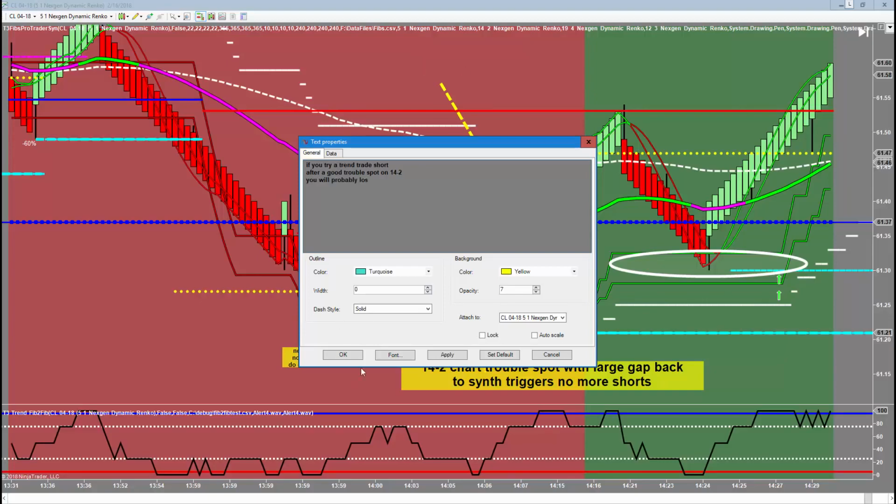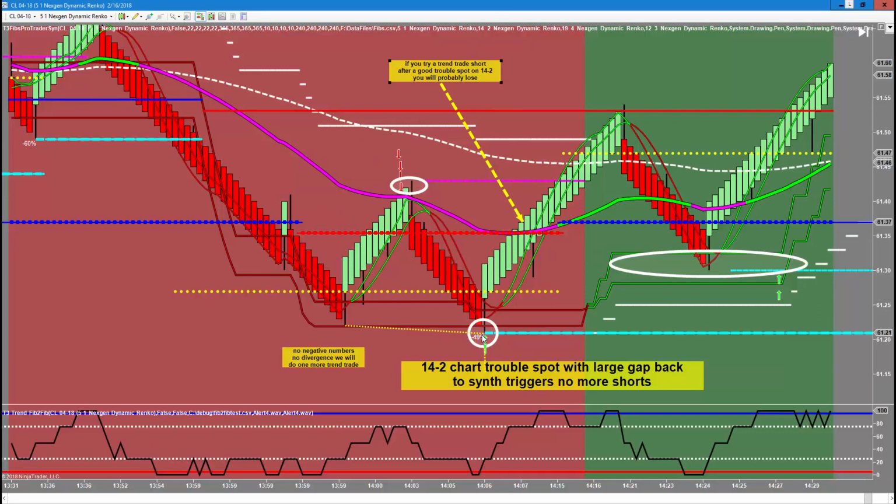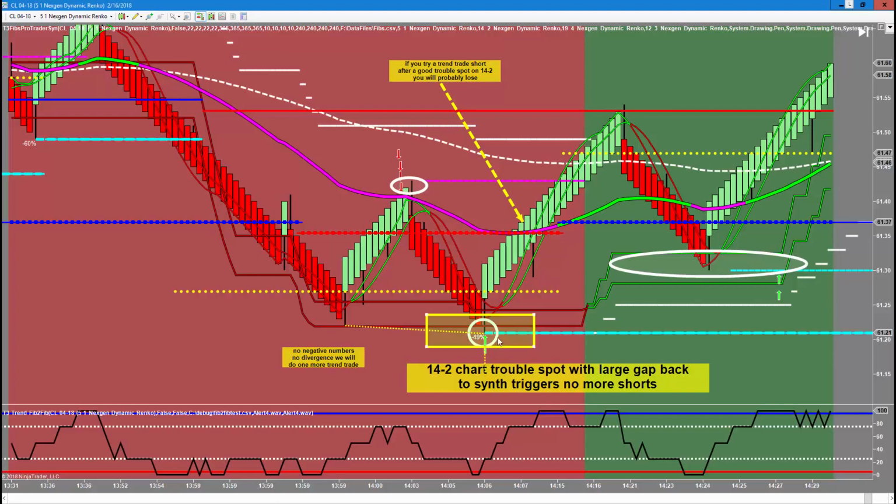So again, the idea is reading our larger chart, and there are only a few big trouble spots that we run into. Most of the trading is done on the smaller chart until we reach the trouble spot. If we get to a trouble spot and it says trouble will hold, we stop doing shorts.